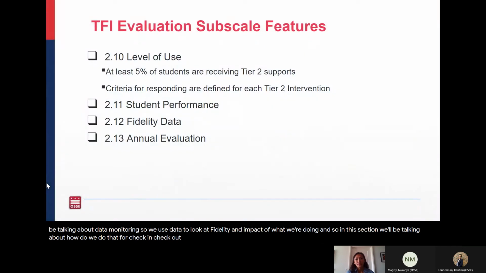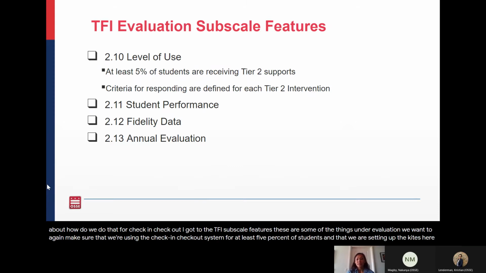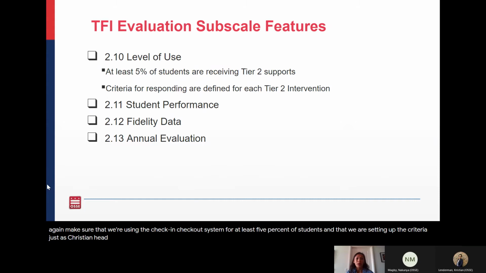So going back to the TFI subscale features, these are some of the things under evaluation. We want to, again, make sure that we're using the check-in, check-out system for at least 5% of students, and that we are setting up the criteria, just as Christian had discussed earlier, for how we know if students are responding to the intervention or not.